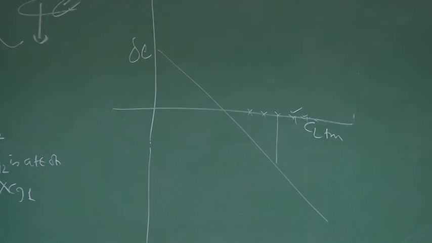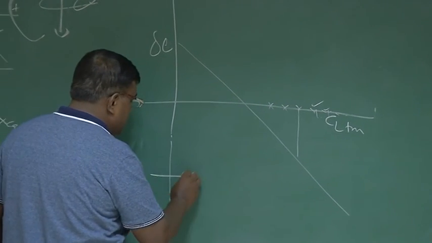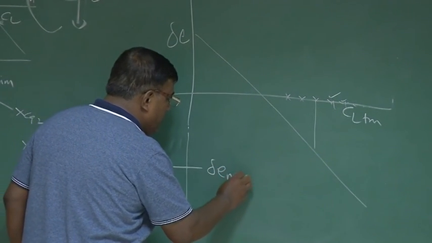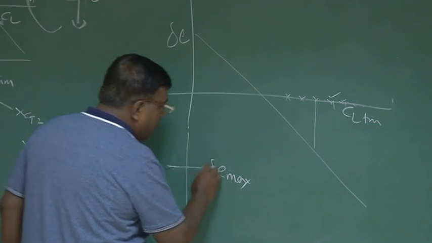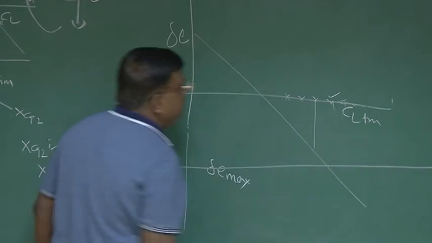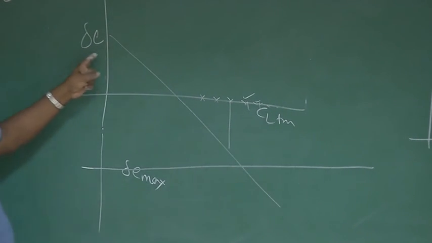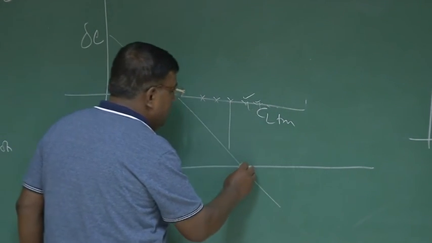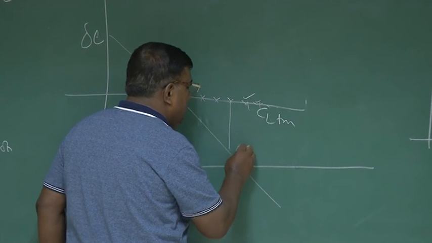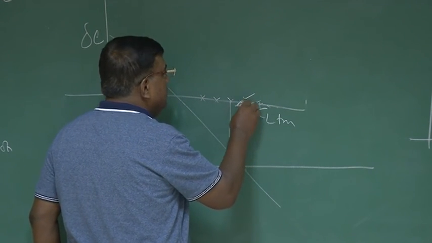You should know the limit of the elevator which can be deflected, because beyond that the elevator will lose its effectiveness. So that number, let's say delta E max, and we draw a line like this. Once you draw a line like this, and you have delta E versus CL trim, it clearly tells you that you cannot go beyond this CL trim.